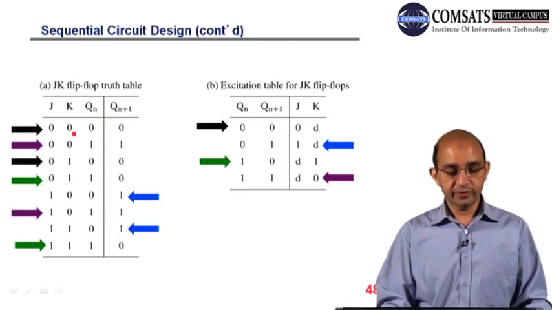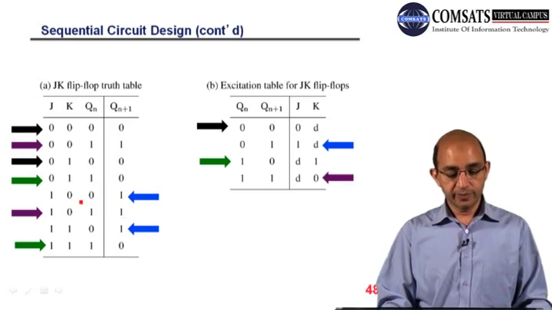So here you can see that we have J K 0 0, current state 0, and next state will be 0; current state 1, and next state will be 1. Whenever we have 0 1, current state 0, and the next state is also 0; 0 1, current state 1, and we have next state as 0. Here again we have 1 0, current state 0, and we have 1; 1 0, current state 1, and we have 1.